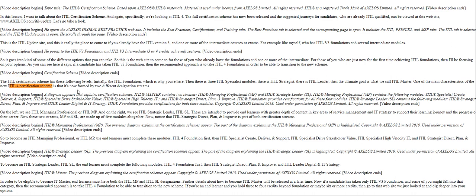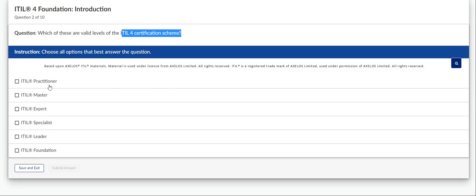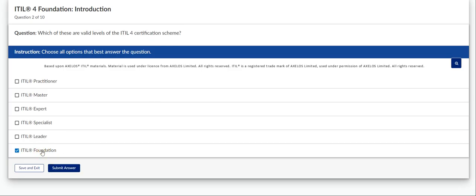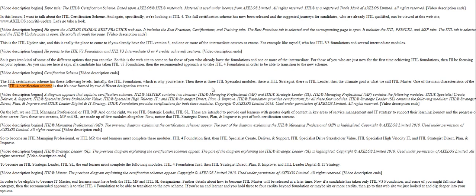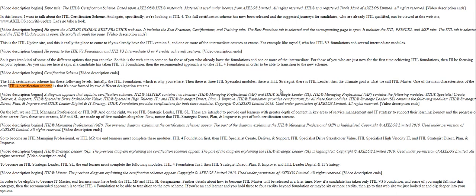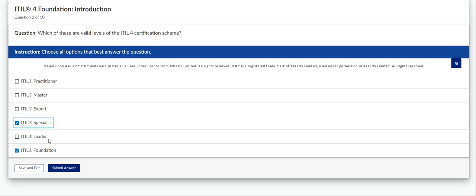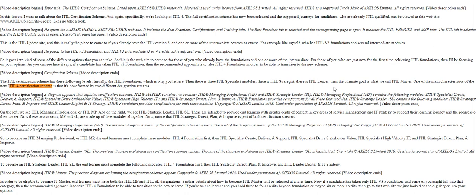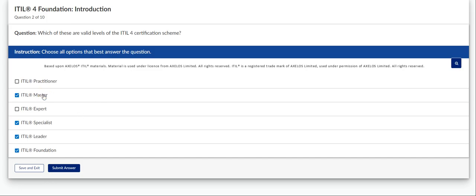The ITIL certification scheme has these following levels: ITIL Foundation, ITIL Specialist Modules, ITIL Strategist, ITIL Leader, ITIL Master.